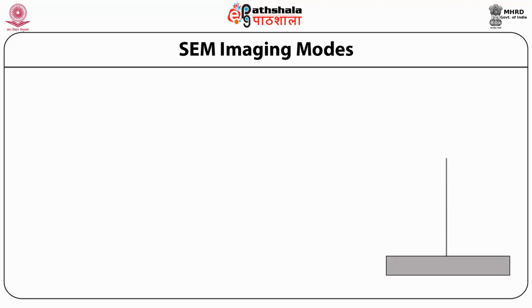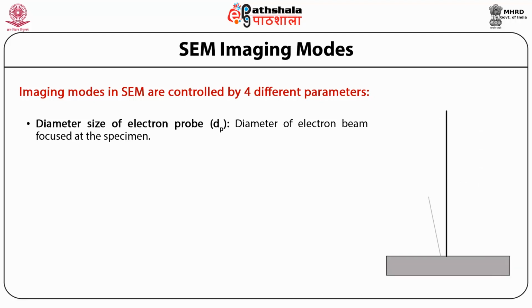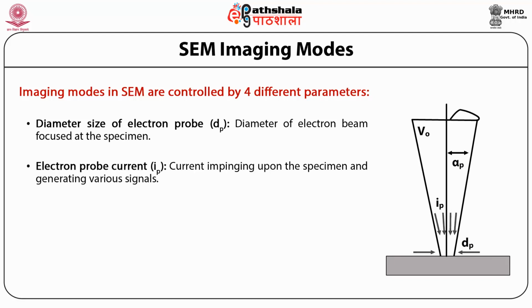SEM imaging modes. The imaging modes in SEM are controlled by 4 different parameters and are sketched in figure 7. The diameter size of the electron probe, dp, is the diameter of the electron beam focused at the specimen. The electron probe current is the current impinging upon the specimen when generating various signals.